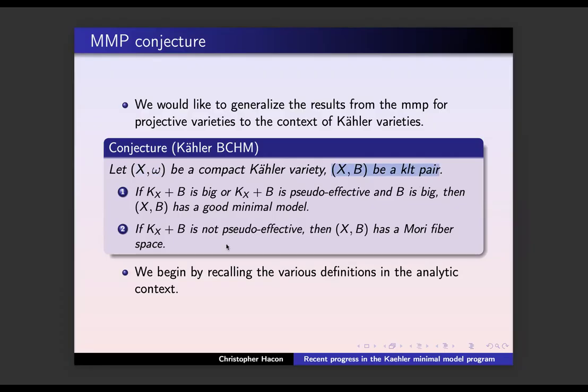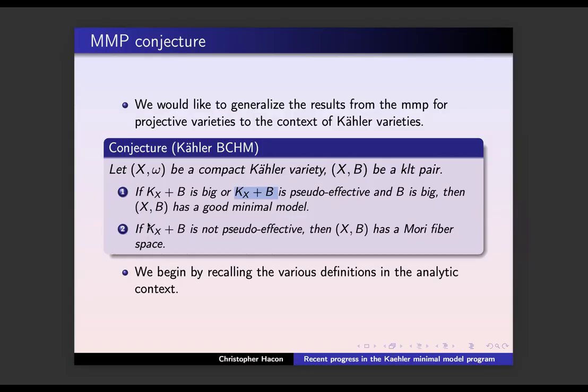And there should be two cases. If Kx plus B is big, or more generally, if Kx plus B is pseudo-effective and the boundary is big, then I hope to show that (X,B) has a good minimal model. And I'll recall what that means in a minute.